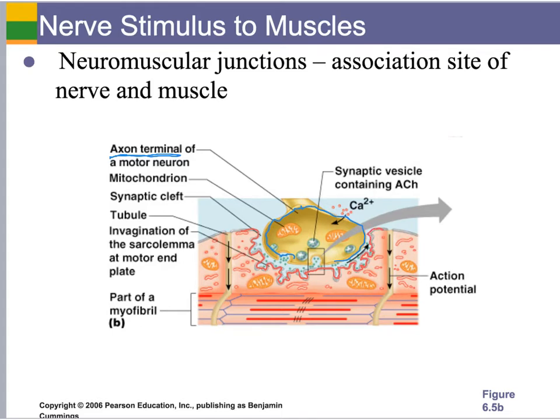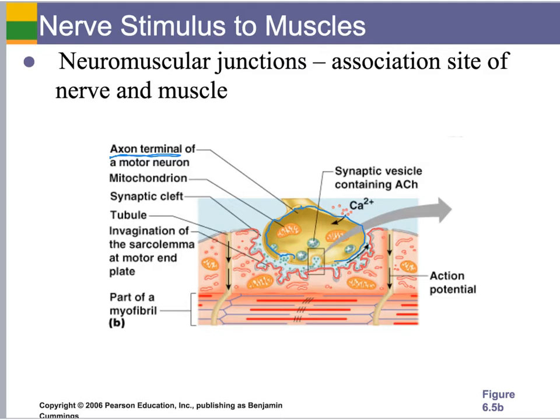So how is it specialized? It has all of these receptor proteins on the surface, specialized to receive a special chemical signal that's released by the axonal terminal. That chemical signal is called a neurotransmitter. It transmits the message from the neuron to the muscle fiber.